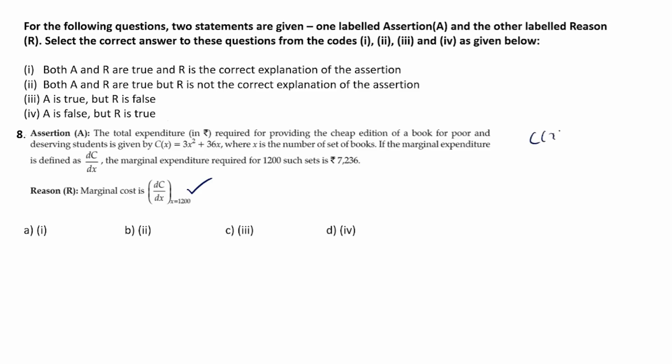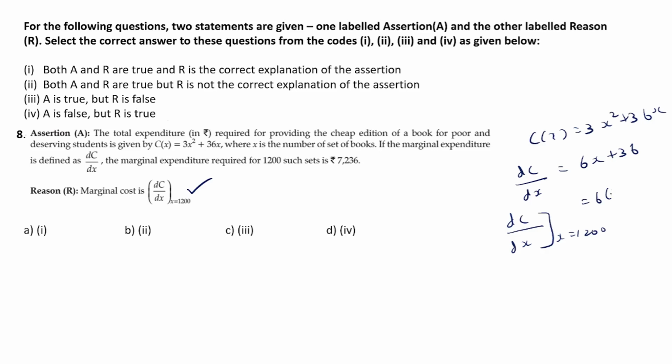So C of x they have given as 3x square plus 36x. The marginal cost is dc by dx. It is 6x plus 36. Now dc by dx at x is equal to 1200 is 6 into 1200 plus 36, which is 7200 plus 36.